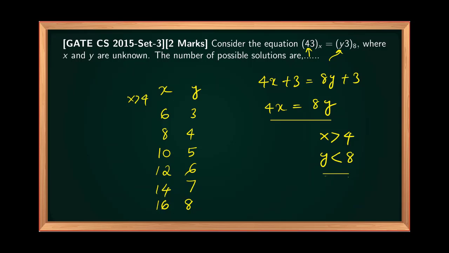But I have a restriction here, y should be less than 8 and x should be greater than 4, right? So I have 1, 2, 3, 4, 5 possibilities.